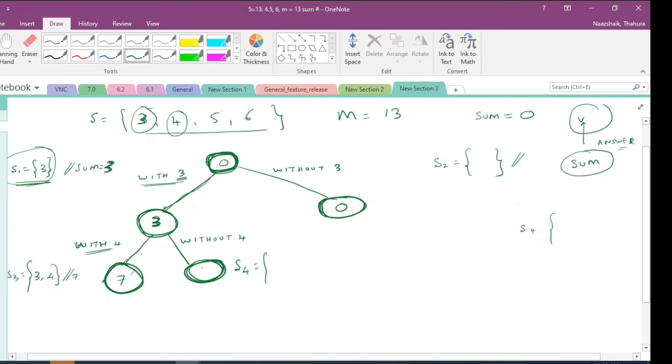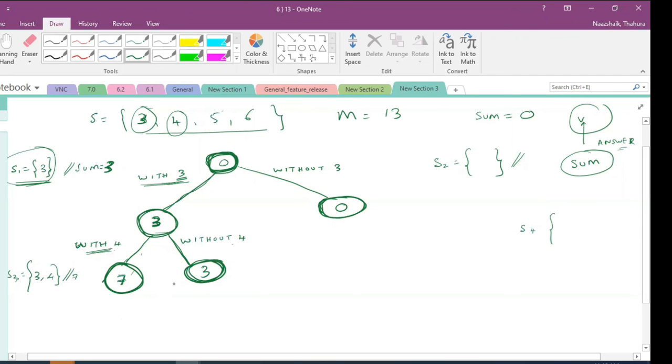You went here, that means with 3, and then you came here, which is without 4. So there's nothing else. What will be the sum of this? 3, because we're not adding anything. Wherever it is without, the answer will be whatever your parent was. Wherever it is with, you add that to the parent and you will get the answer.